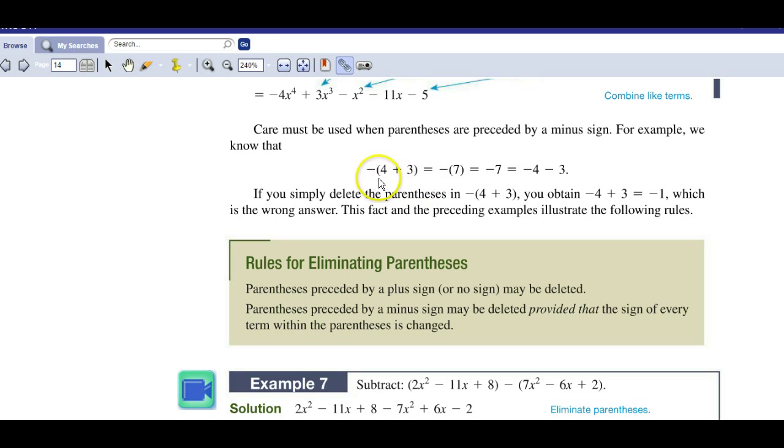So the rule for subtraction is to change the signs internally of what's inside the parenthesis. So if there's a negative outside, then the 4 becomes a negative, the 3 becomes a negative, and that ends up being a -7.